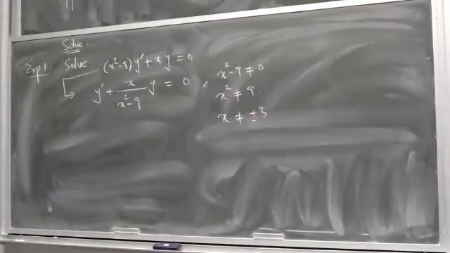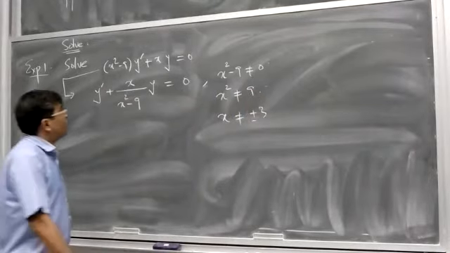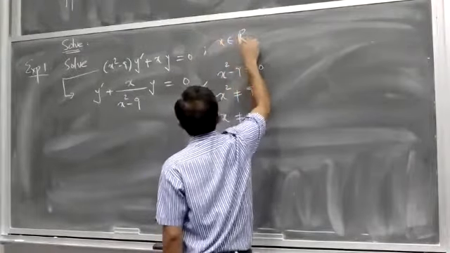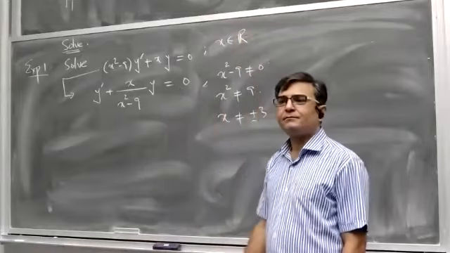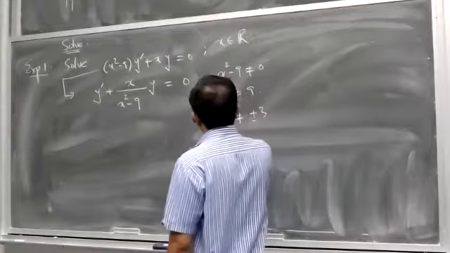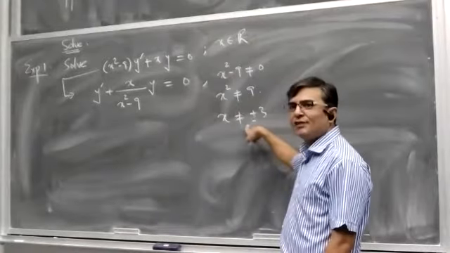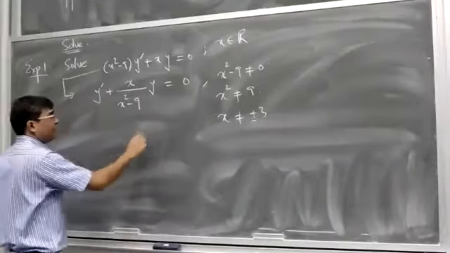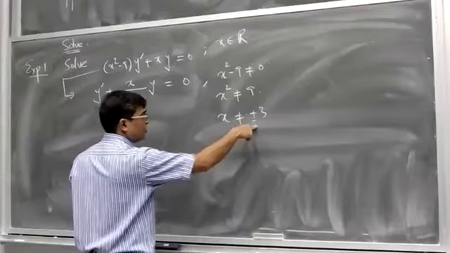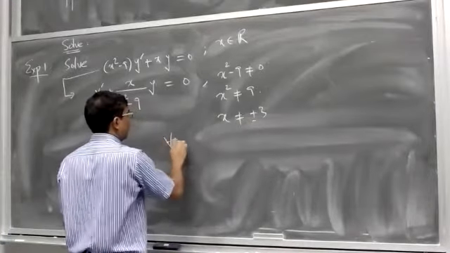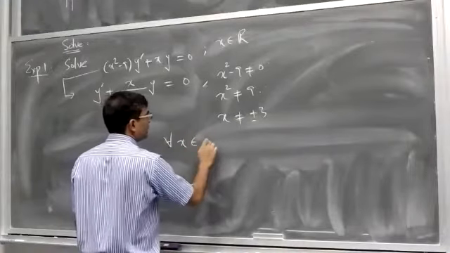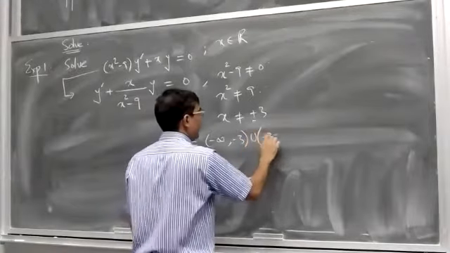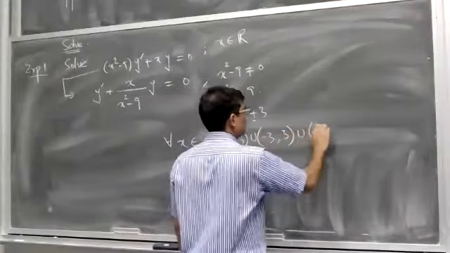Okay. So if we are given that the domain of x means x belongs to R, then x cannot be plus minus 3 in this case. Then you have to mention here that either x is not equal to plus minus 3, or you can say that for all x belongs to what? It is negative infinity to negative 3 union negative 3 to 3 union 3 to infinity.